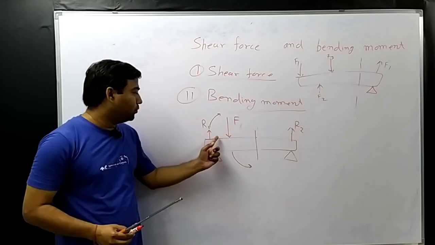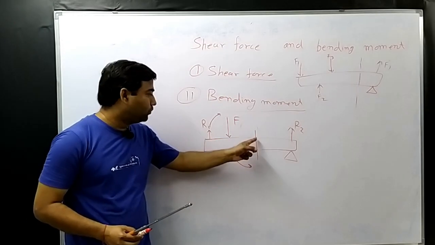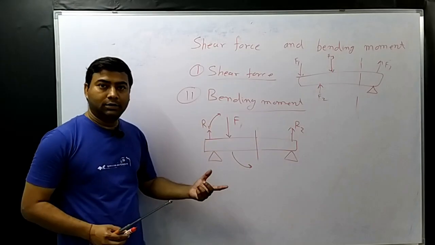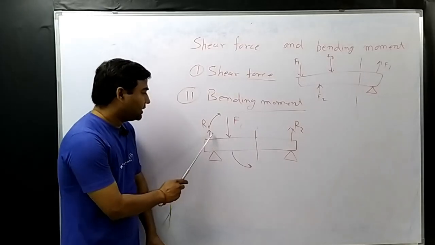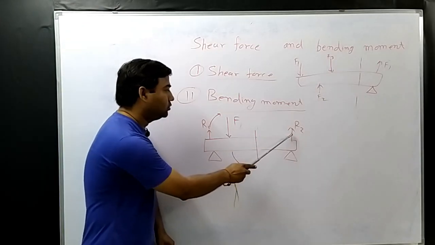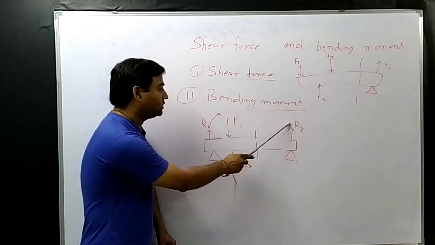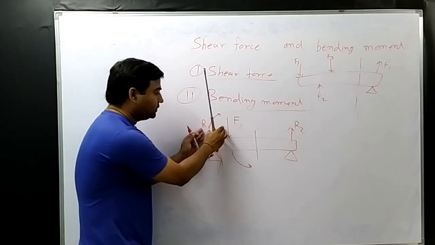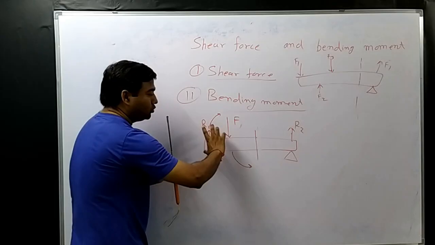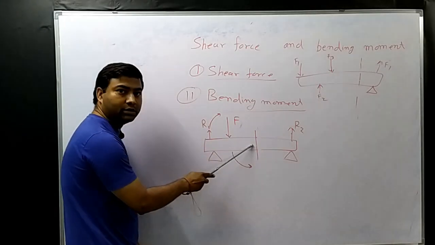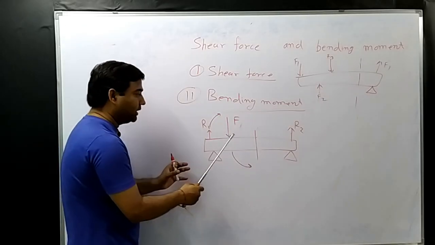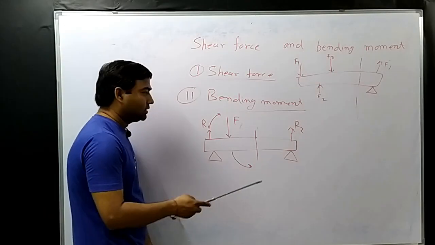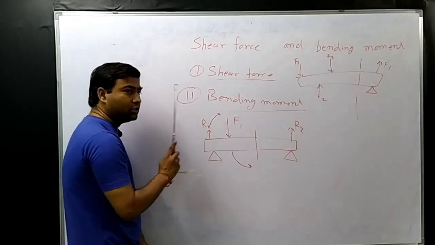So these two moments are trying to bend this beam about this point with torque equal to the torque of R2, because total torque is 0. So only torque of this and this is trying to bend this beam. There is net moment of all leftward forces about this point, and net moment of all rightward forces about this point.